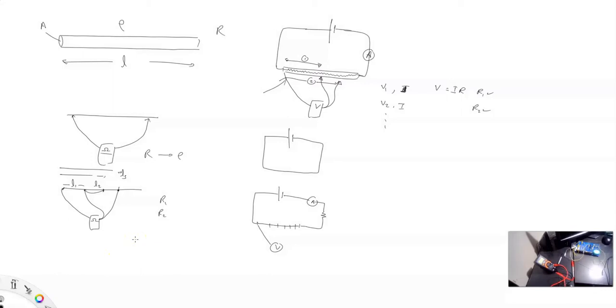Okay, so this is the circuit we have. Let me redraw it. This part is the wire. From here to here, this is like another resistor, and then the resistor is inserted, the ammeter goes back, and the voltmeter over here.